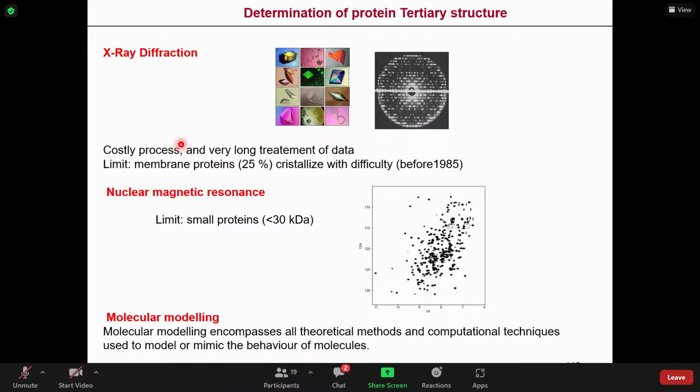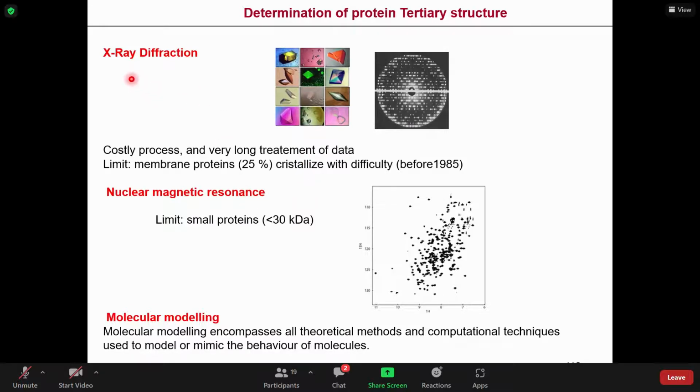Another way is to use nuclear magnetic resonance, NMR. In this experiment, you are in liquid, in solution, so you can use physiological conditions for your proteins. But the limit is that you should work on small proteins because you have a very long treatment of data.